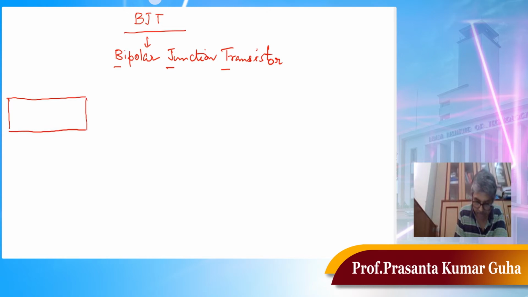Okay, if you remember, we have emitter, we have base, and we have collector. So these are the 3 terminals. Okay, and there are 2 junctions. One junction is a base emitter junction, and another junction is base collector junction.